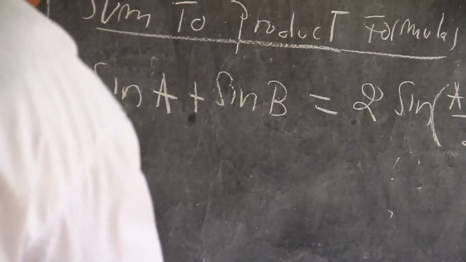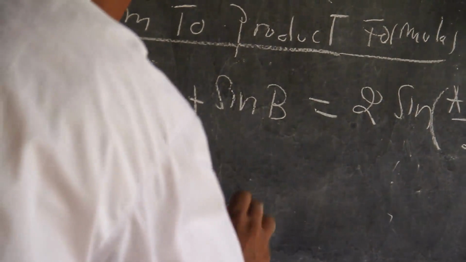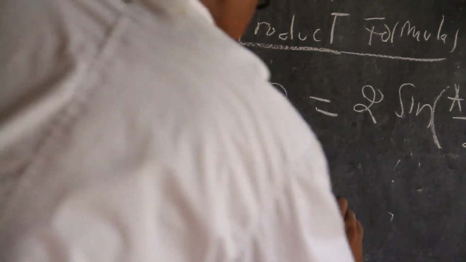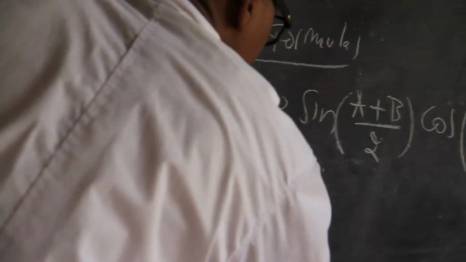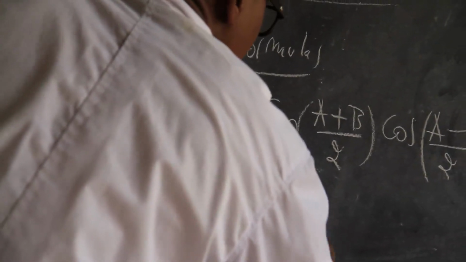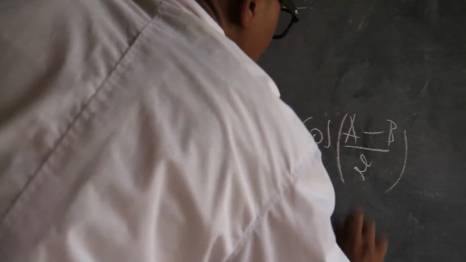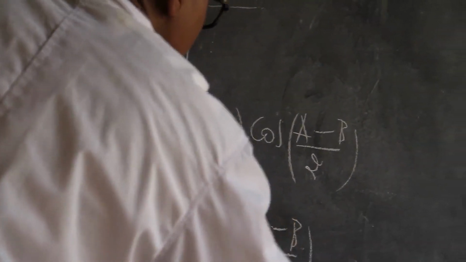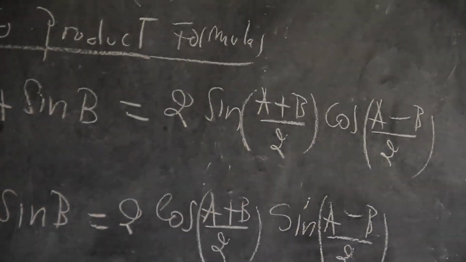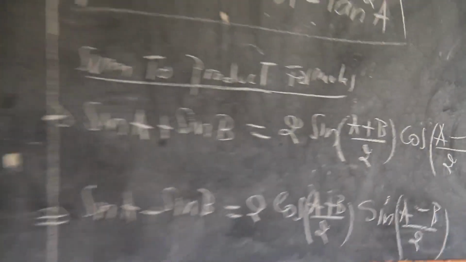So what if it is sine A minus sine B? It is 2, I replace here cos, then sine. So it seems that sine and cos are enemies.